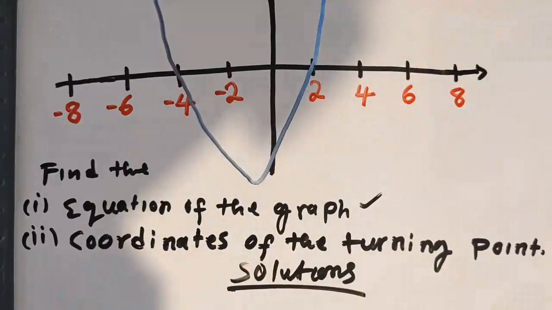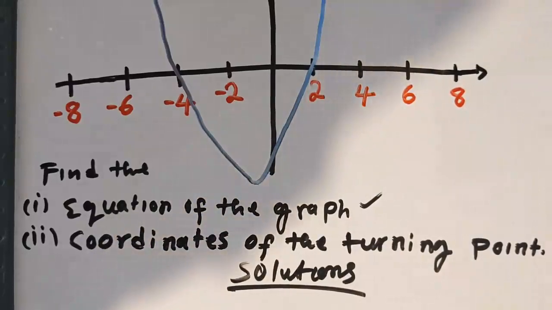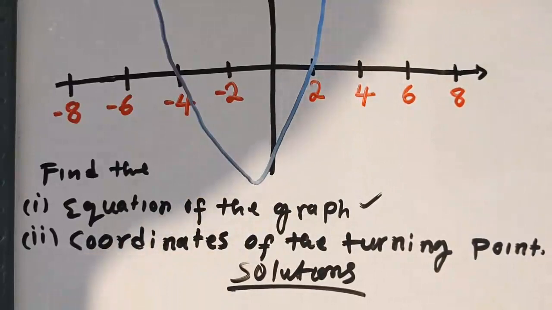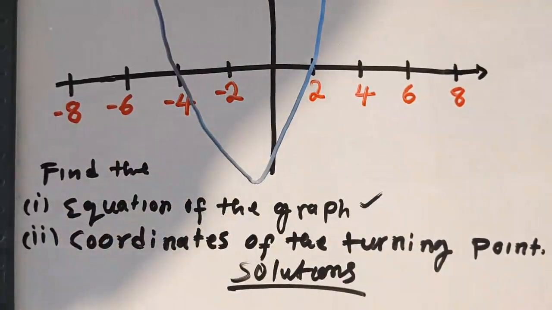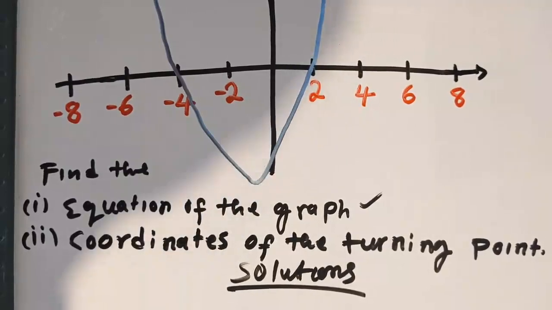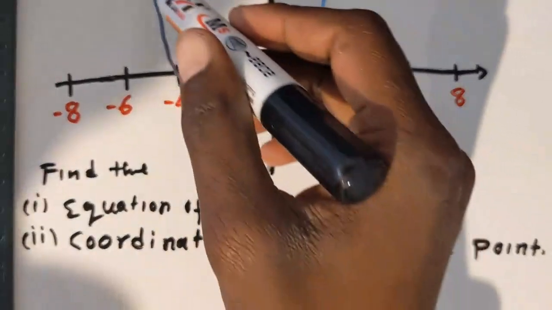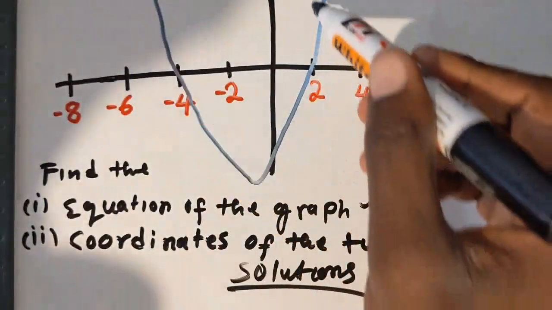In the previous videos, I said that the y-intercept is the line at which the graph cuts the what? The x-axis. It is the line at which the graph cuts the x-axis.